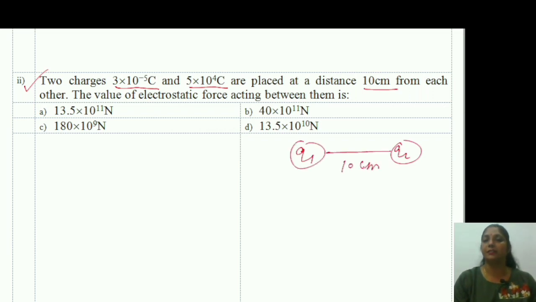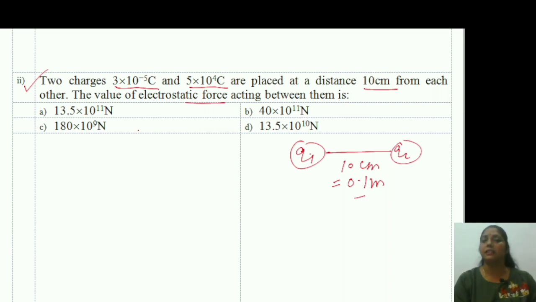Now you have to first convert this 10 centimeter into meter. It becomes 0.1 meter. So distance between these two charges is 0.1 meter. Values of the two charges are also given: 3 into 10 to the power minus 5 Coulomb and another charge Q2 is 5 into 10 to the power 4 Coulomb. Now you have to find the value of electrostatic force between them.